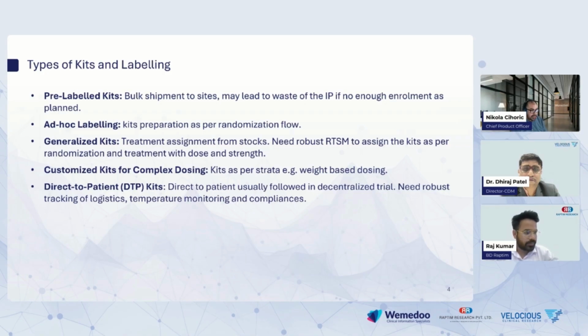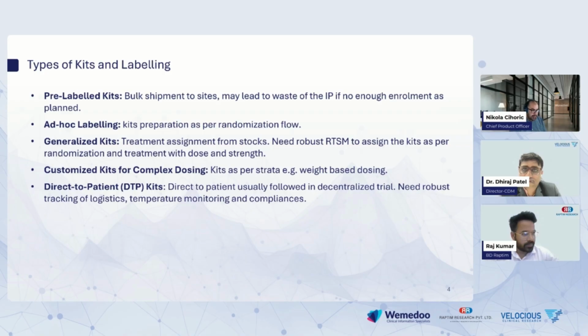Then there are generalized kits, for example, where the treatment assignment flows from the stock. If someone wants to apply this kind of kit labeling, they absolutely need a robust randomization trial supply management system to assign the kits as per randomization and treatment, with dose and strength.